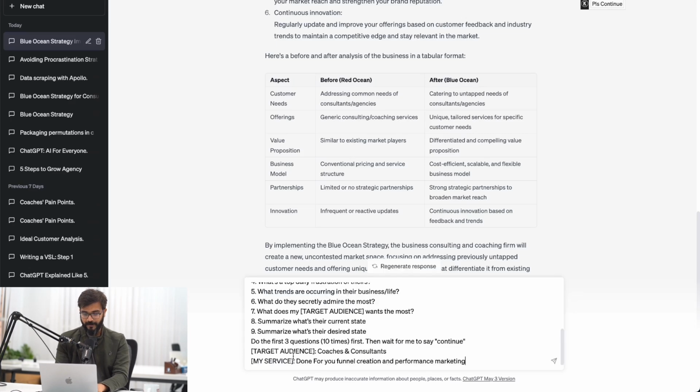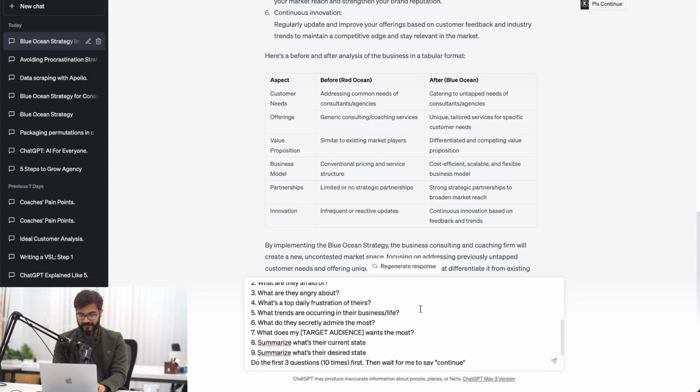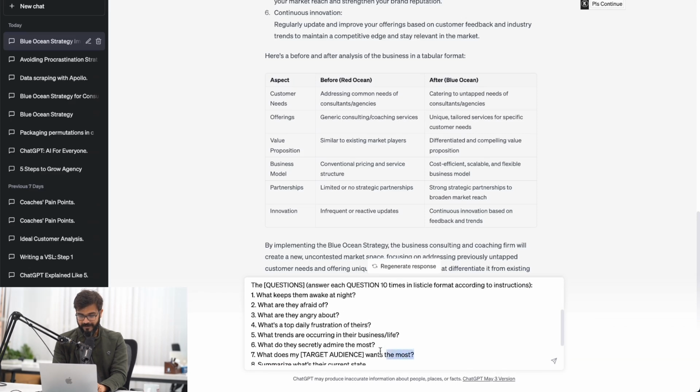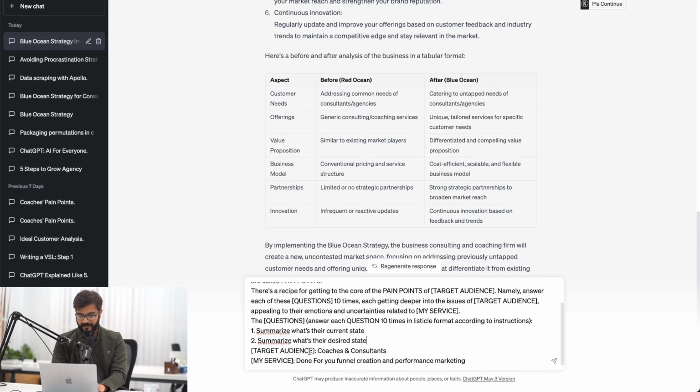So I have a good old prompt which goes like this. You are a market researcher. You have talked to hundreds of market. And for the ease of our use, what I'll do is I'll remove these and put summarize the current state and what is the desired state, and target market, coaches and consultants, business coaching and consulting would be my service.